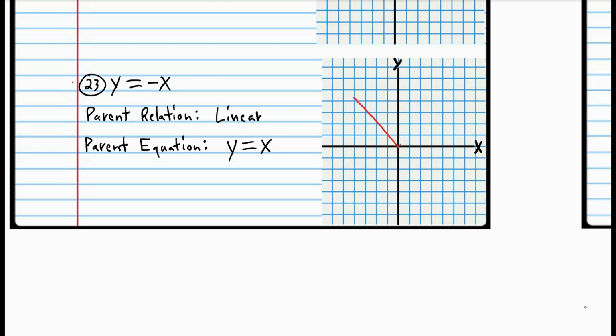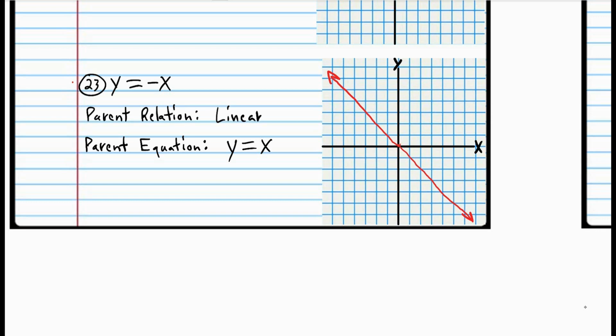Now, if you can't picture that reflection in your mind, that's okay. You can just use the equation. You can plug in 0 for x, you get 0 for y. Plug in 1 for x, you get negative 1 for y. Plug in 5 for x, you get negative 5 for y.